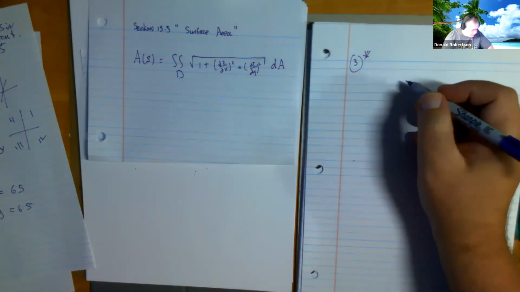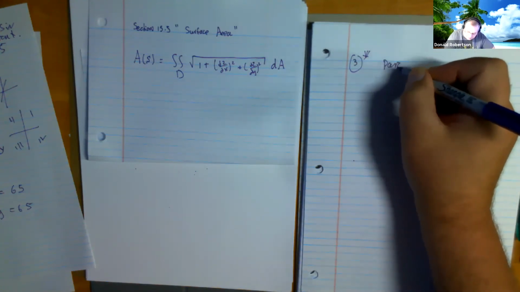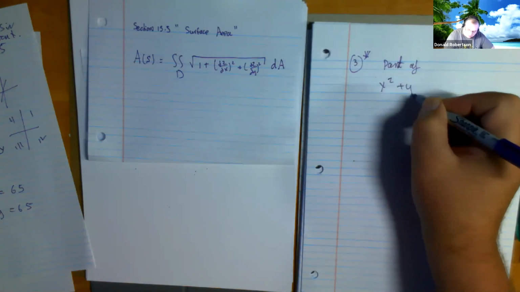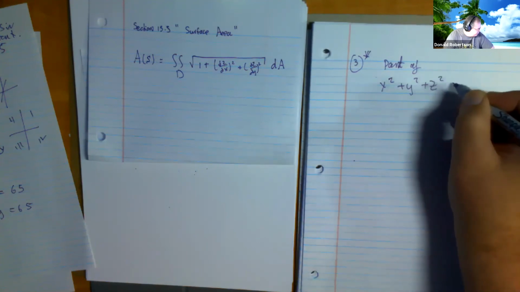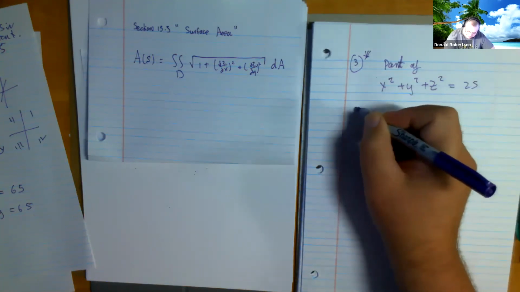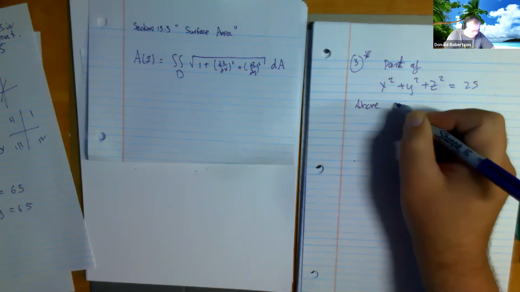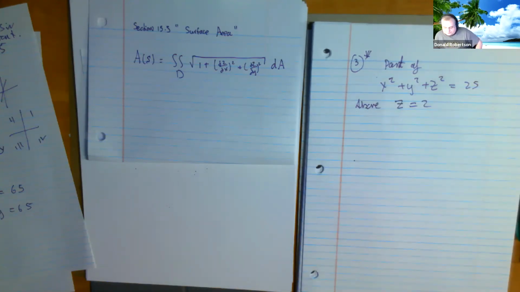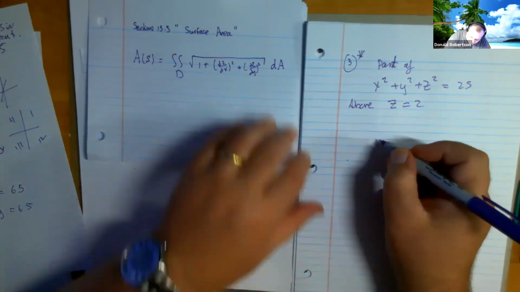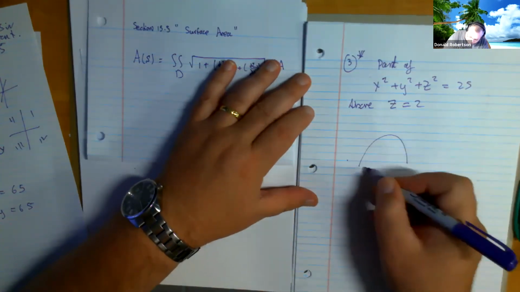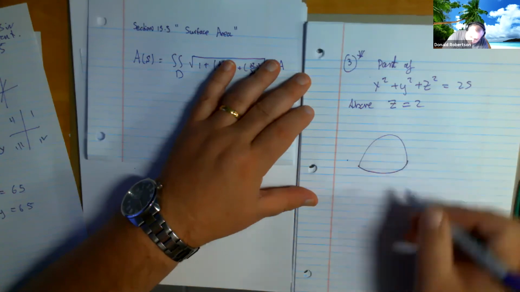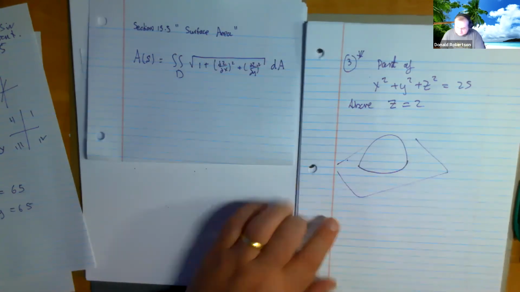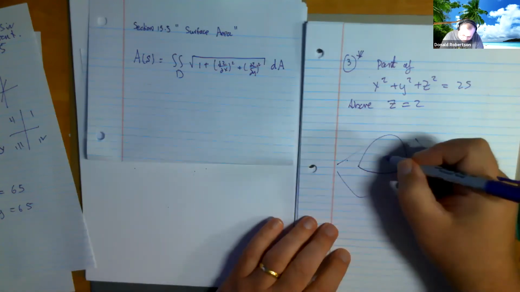We're being asked to take the part of a sphere, which is x squared plus y squared plus z squared equals 25, that lies above z equals 2. Can you imagine, this is the xy plane, and that's half my sphere, and that's my z-axis.